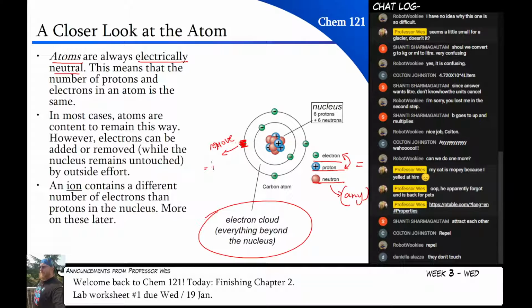Then what we get is called an ion. An ion has a different number of electrons than there are protons. For example, if I removed an electron, I would only have 5 electrons here, compared to 6 protons that I would normally have for a neutral atom.